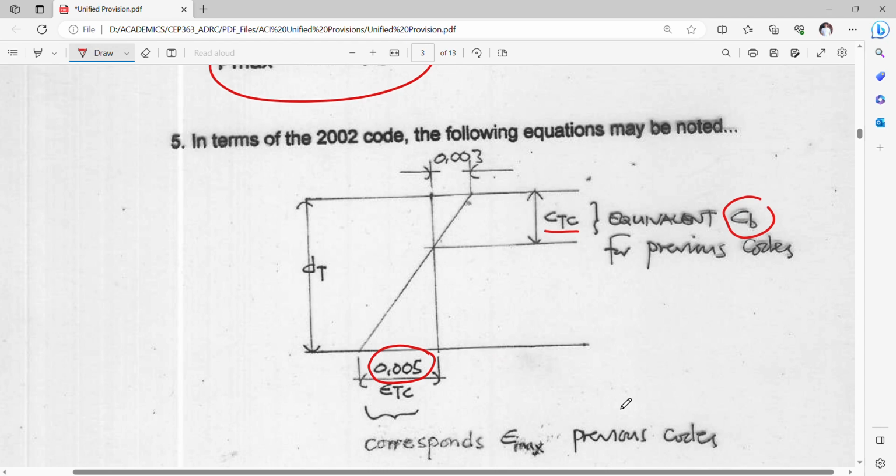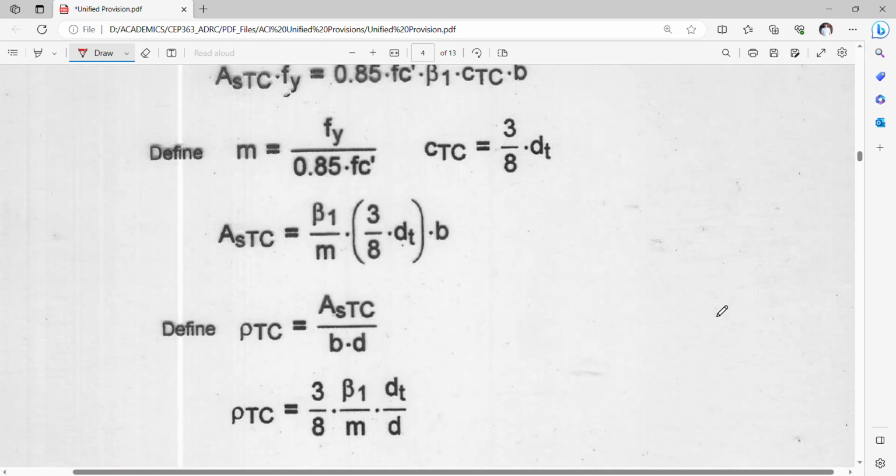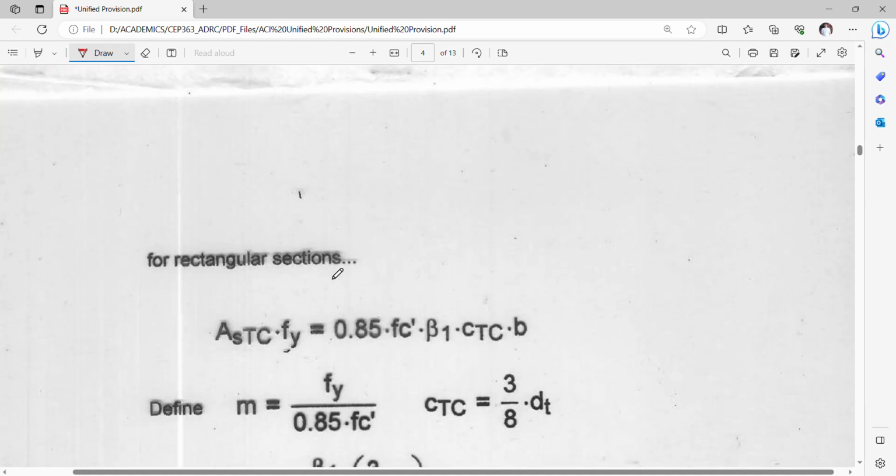So this corresponds not to the e max, but rather, a correction, the e minimum on the previous codes. Okay. So for rectangular sections, I already discussed to you how to incorporate equilibrium conditions, no, with the compatibility of strain. So this is simply T is equal to C.